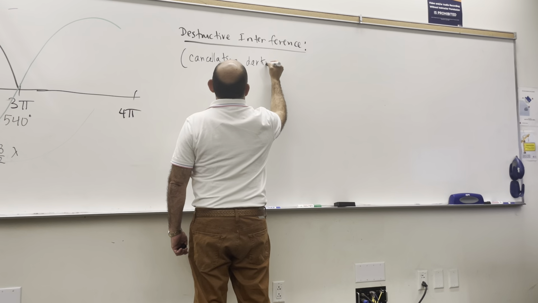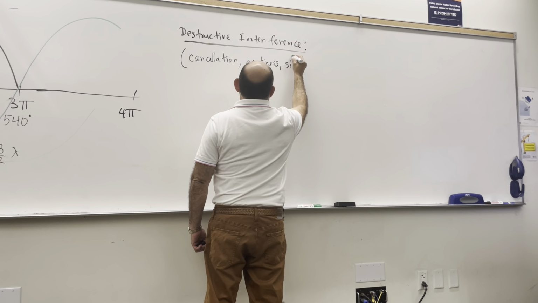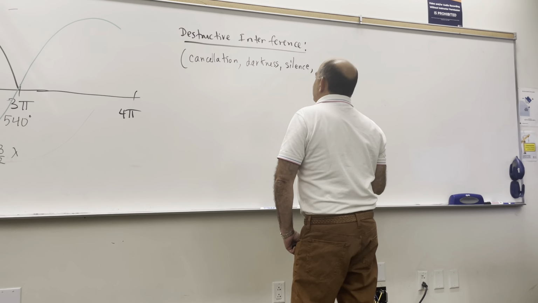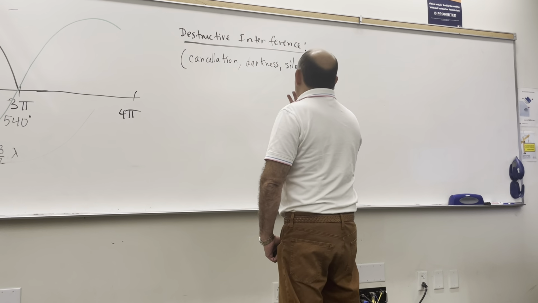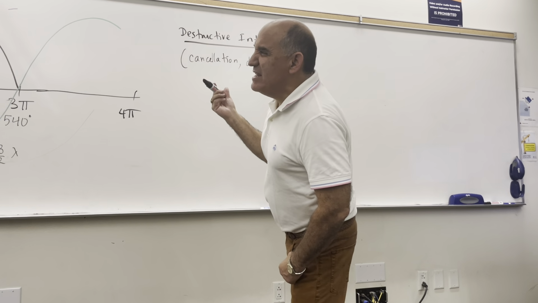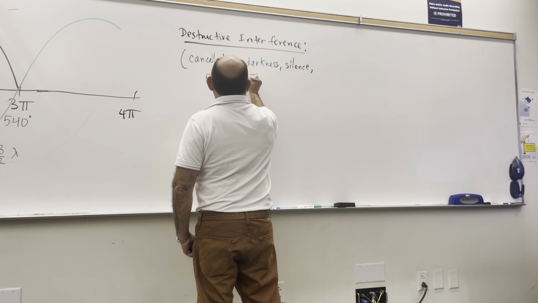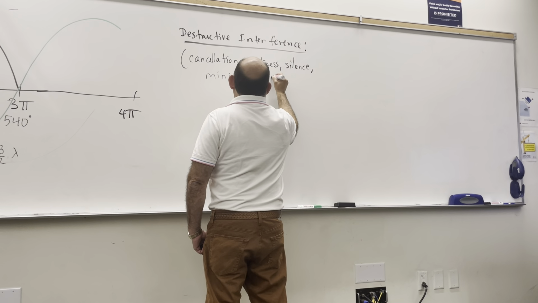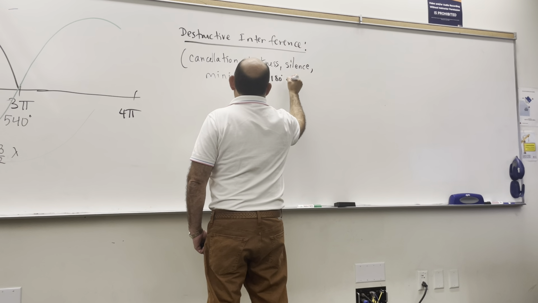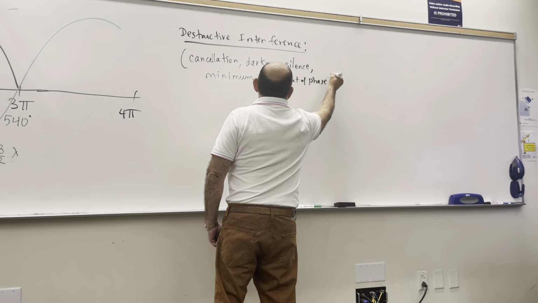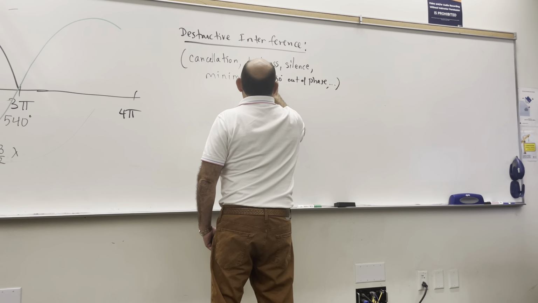Darkness. I should say silence if the waves are sound waves. Minimum. And people just say out of phase, but it's really 180 degrees out of phase. There are other descriptions.